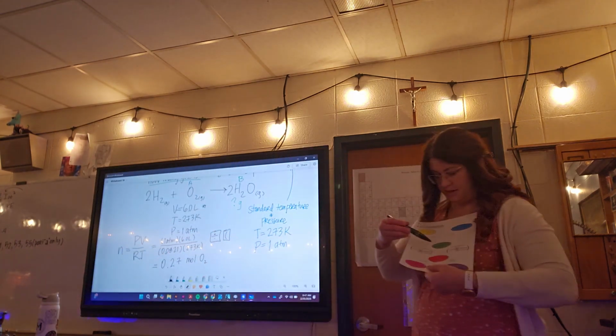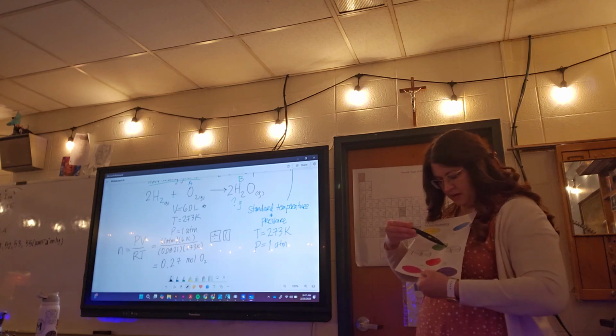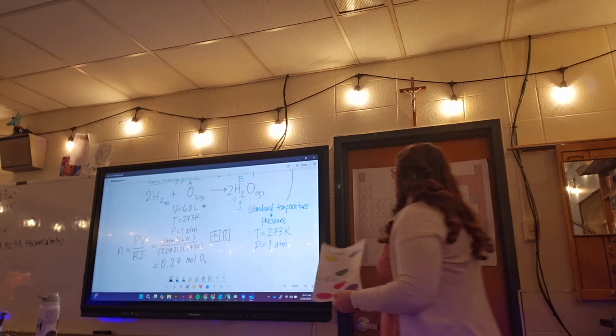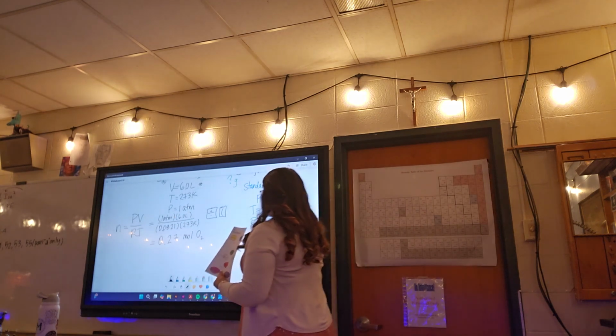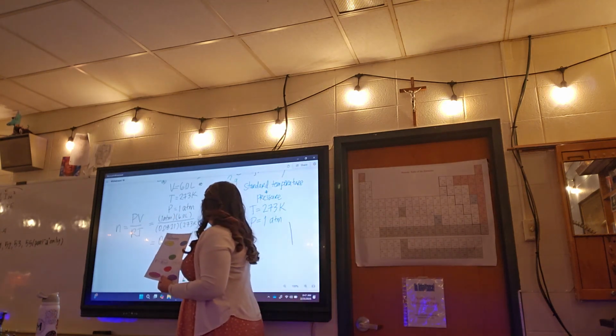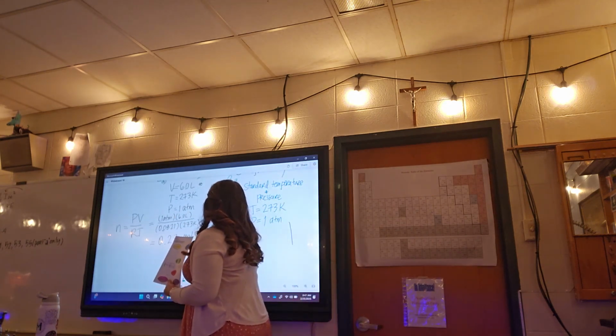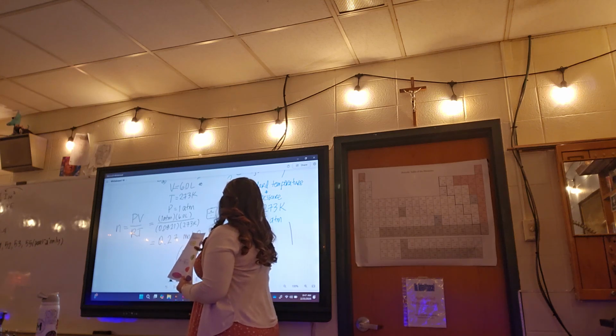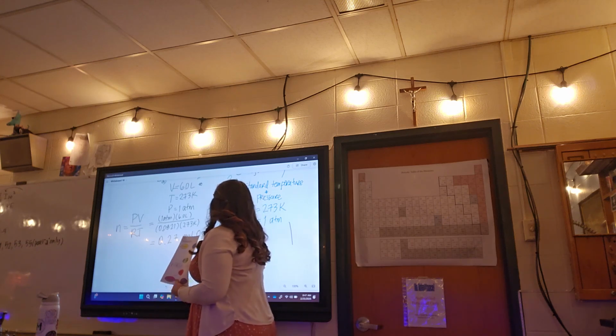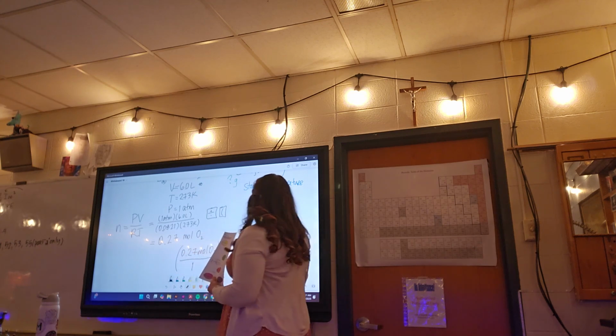So what does the next step say to do? It says that we need to use stoichiometry. So I'm going to take this number that I found in my previous step, and I need to use my balanced chemical equation.